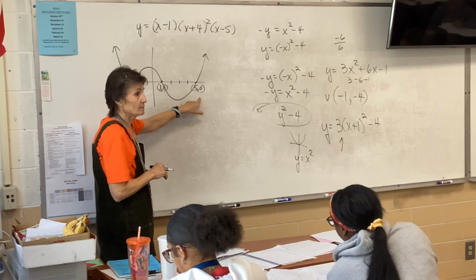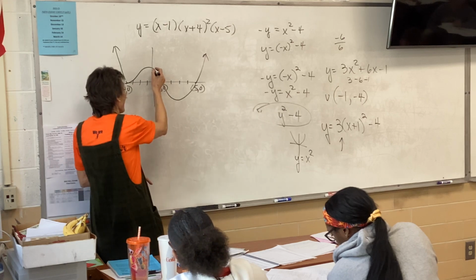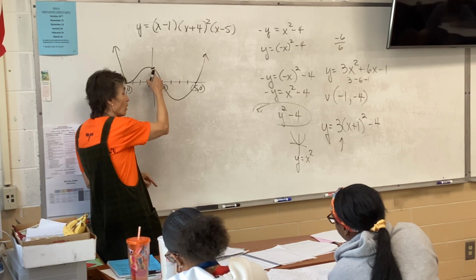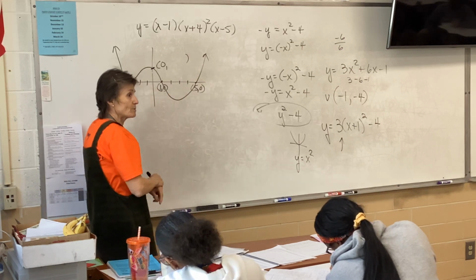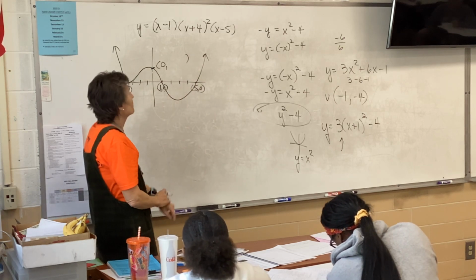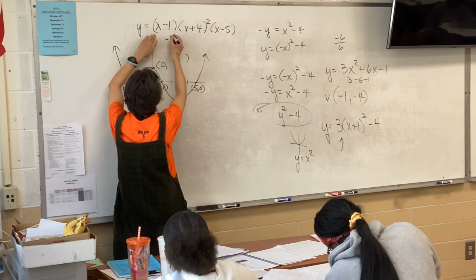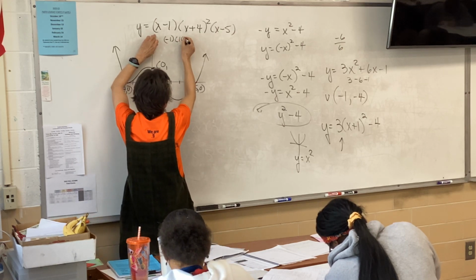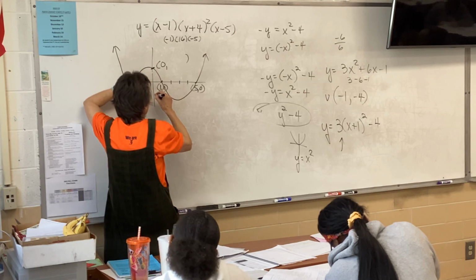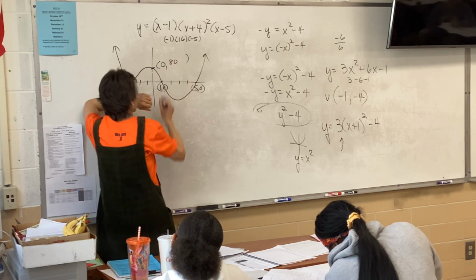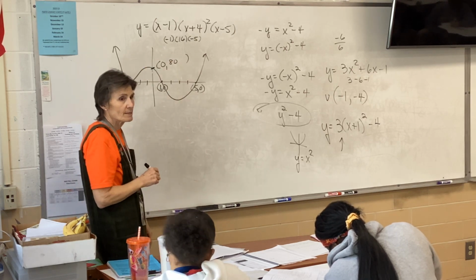X-intercepts right here. How do we find a y-intercept? I see I have one, I just don't have it labeled. How do I find a y-intercept? Always plug in 0, so -1, 16, -5. I got 80. 0, 80.